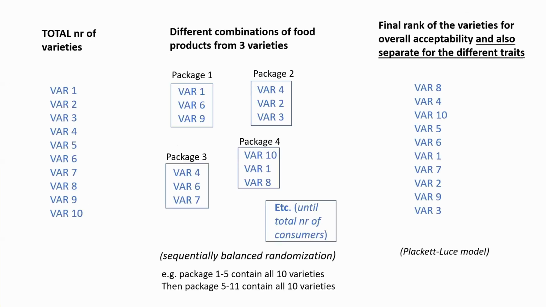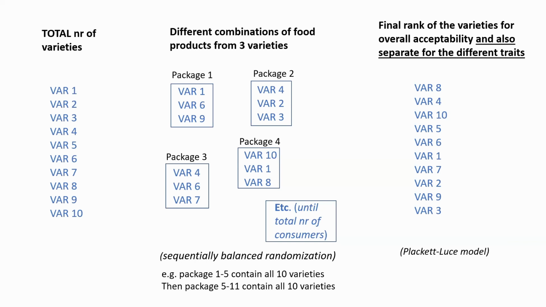And this is just an overview of how it works, to visualize it. For example, I have food products from 10 varieties to test. Then I make combinations of 3 varieties from those 10. As you can see, you have package 1, 2, 3, 4, and they have all different combinations of those 10. The number of packages you make is equal to the number of consumers you are going to test.